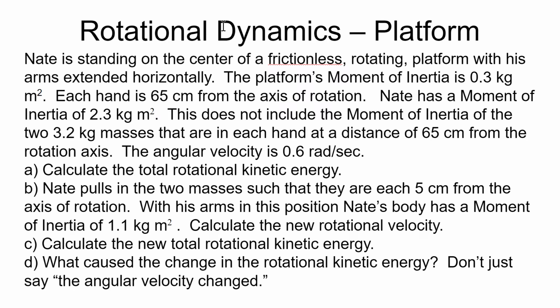Perhaps you've seen ice skaters do a spin move where they move their arms towards the axis of rotation, and you see their angular velocity increases quite a bit. We're going to calculate that. And then we'll calculate the new total rotational kinetic energy and ask the question, what changed the rotational kinetic energy? What was the mechanism that caused that rotational kinetic energy to change?